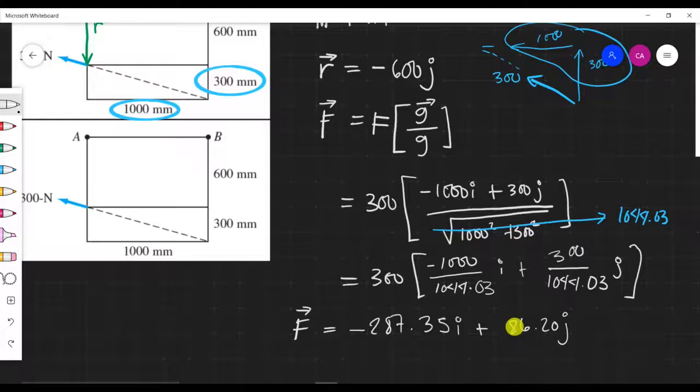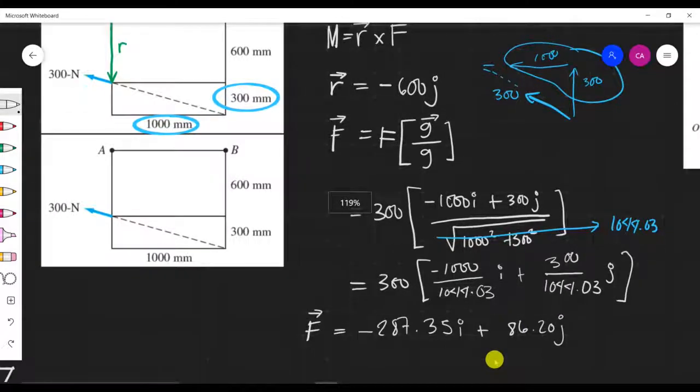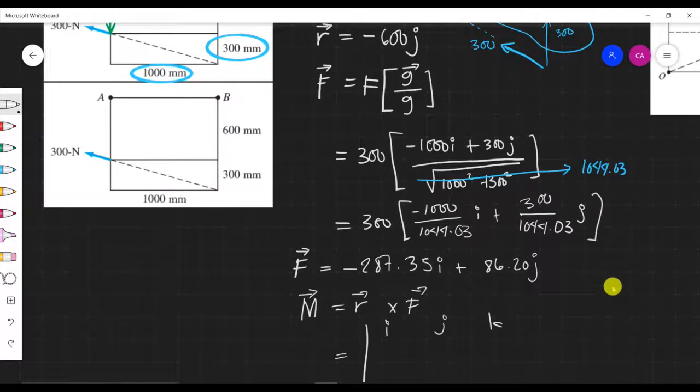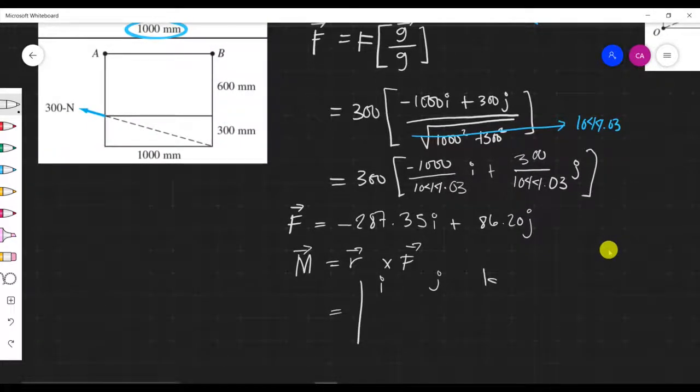Now we are ready to cross multiply. Okay? So the M vector is equals to R vector cross multiply with F vector. So yung technique dyan is una, ilista mo yung I, J, at K. So ano ba? Negative 600 J. So 0, negative 600 J, 0.